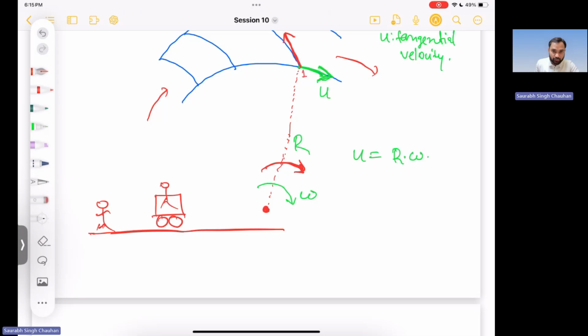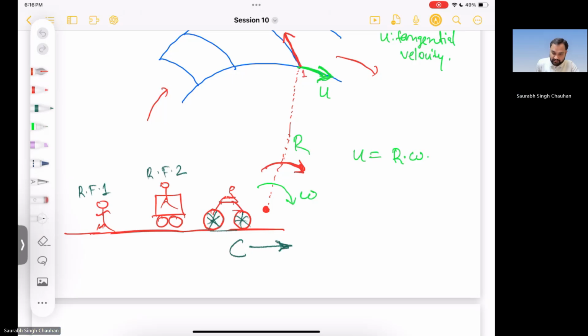Both of these observe some vehicle, let us say a bicycle. This is reference frame 1 and this is reference frame 2. If this bike is going at some velocity, let us say c in this direction, with respect to the road.